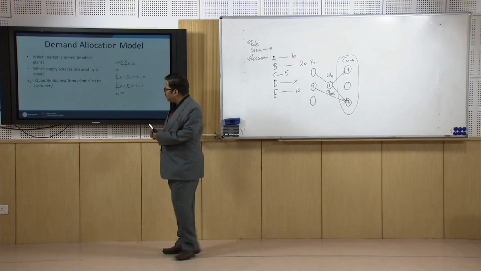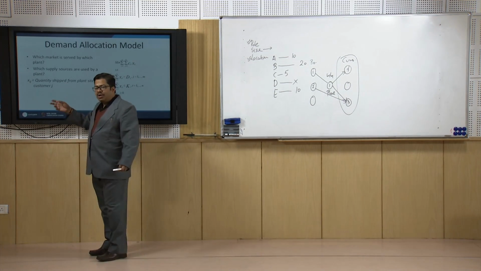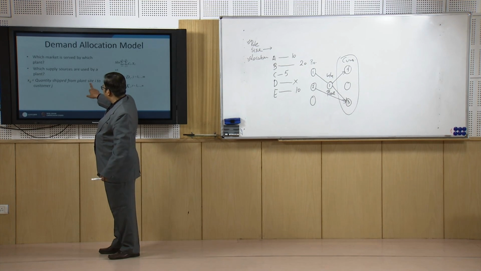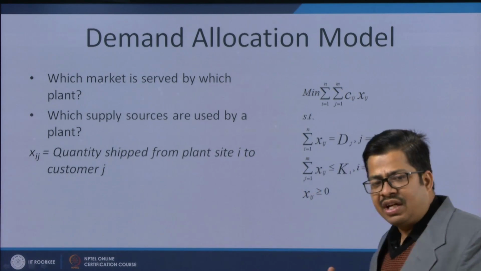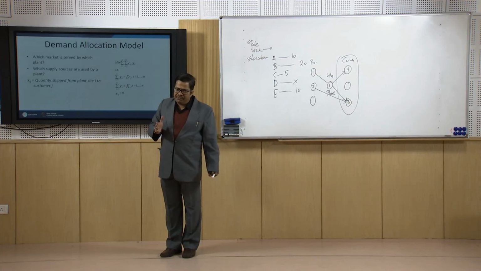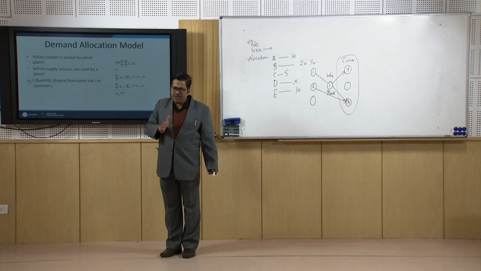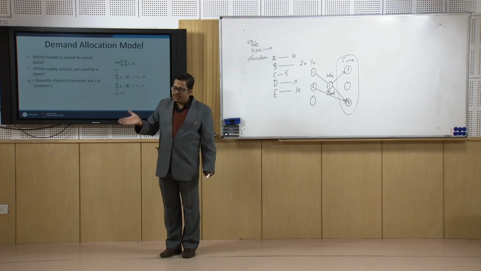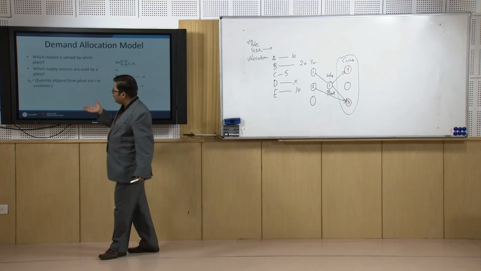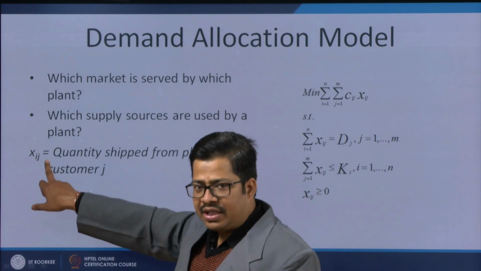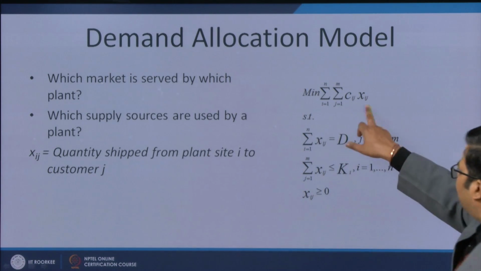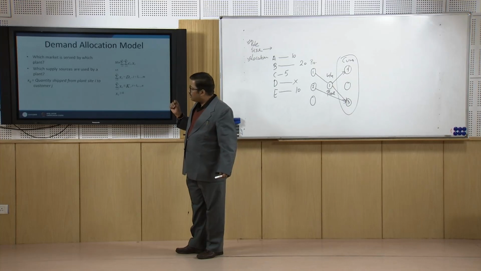Now for that purpose, simply consider this is site i and this is customer j. I is the source and j is the destination. So Xij represents the quantities shipped from the ith source to the jth destination. We want to minimize the total cost.